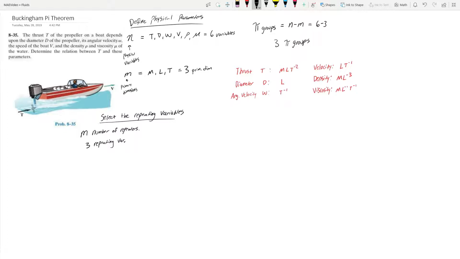The only rule for selecting those 3 repeating variables is that as a combination, all 3 of those variables have to have all of the base dimensions. So whichever 3 variables we pick, they all have to combine to have mass, length, and time between the 3. Typically we would select the ones with the simplest combination of dimensions.